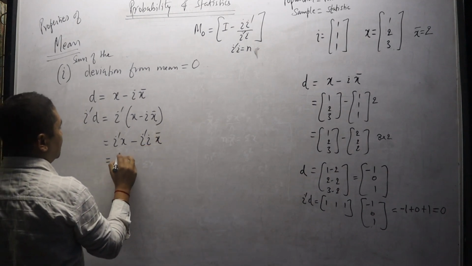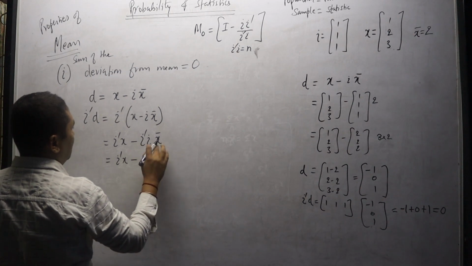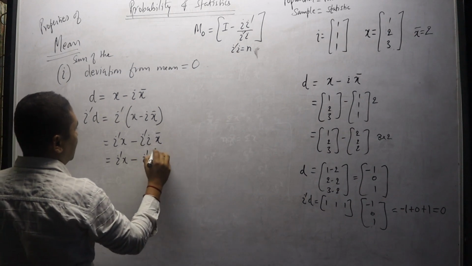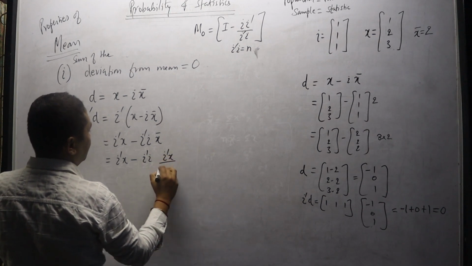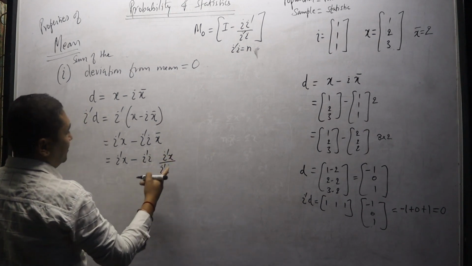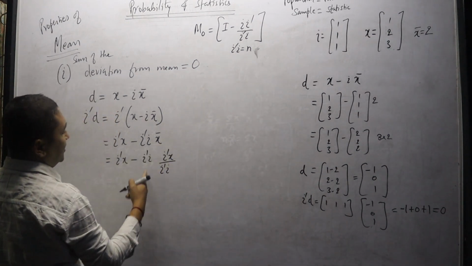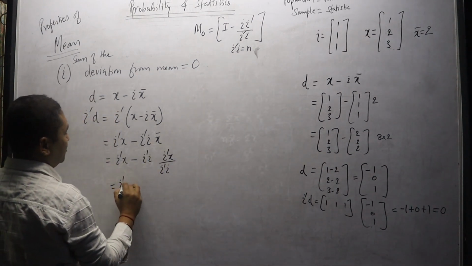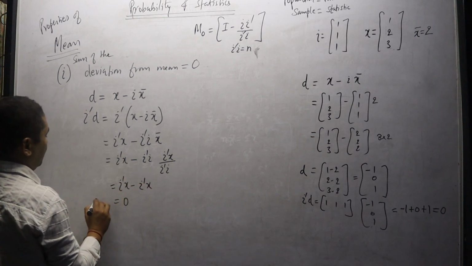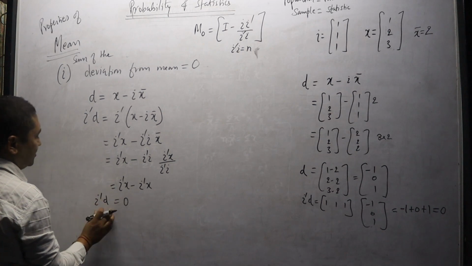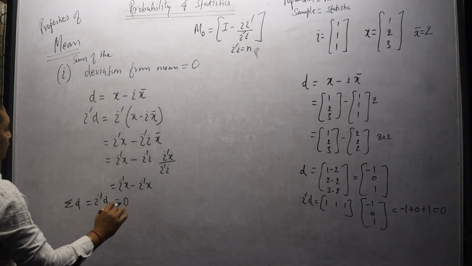Here x bar is equal to i transpose x divided by i transpose i, and this cancels out. They are the same. i transpose i is equal to n, the sample size, and this cancels out. So we are left with i transpose x minus i transpose x, and this is equal to 0. Therefore i transpose d, which means the sum of the deviation from mean, is equal to 0.